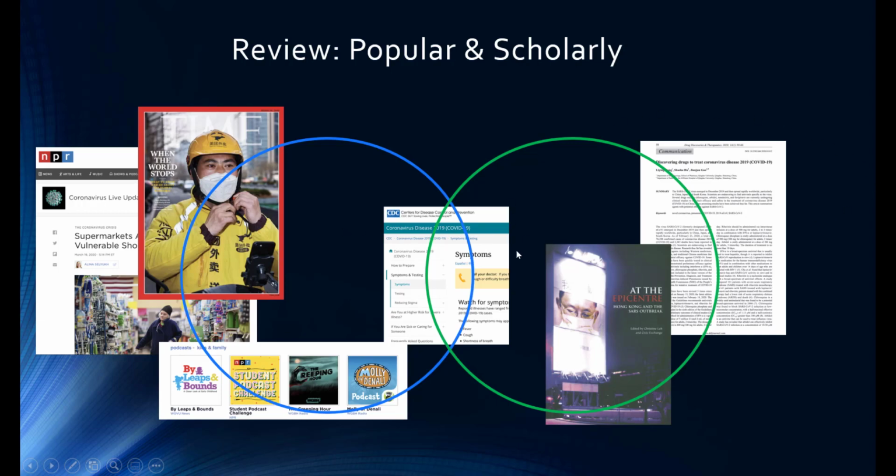Over on the far end of the scale from popular, you have scholarly. They are intended for a very specific audience, usually specialists in a particular research field. They do require special knowledge to understand. They aren't providing any explanations for people who don't already know what they're talking about.